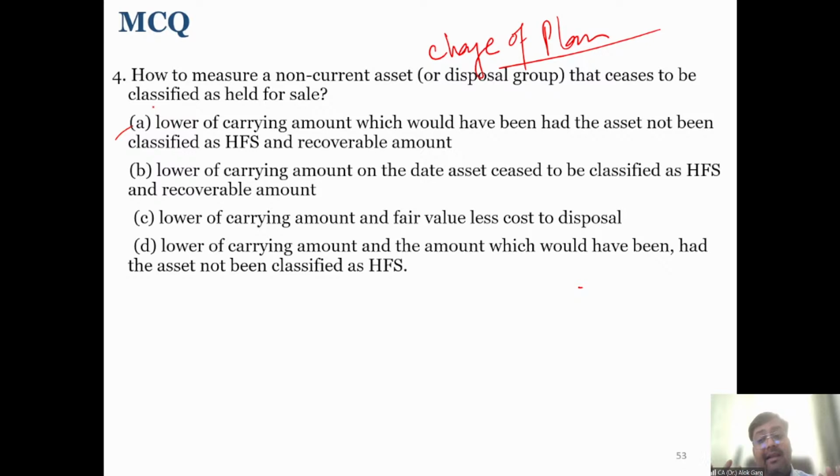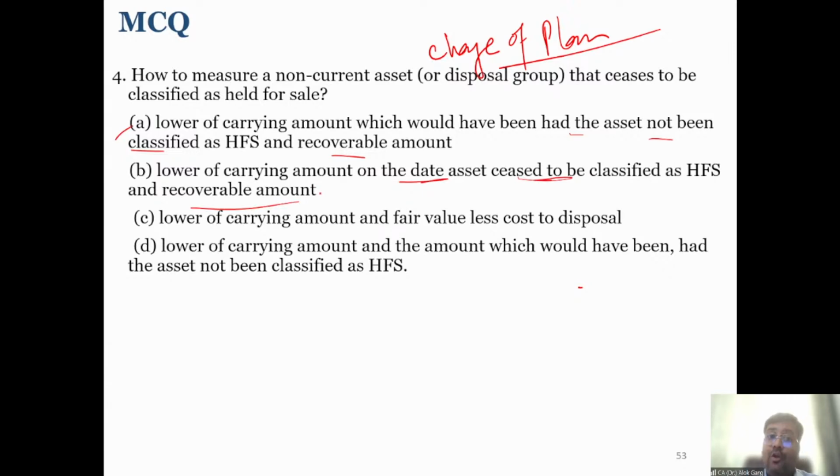Carrying value had the asset never been classified as held for sale. So carrying value on the date of change of plan and recoverable value on the date of change of plan. So lower of carrying amount which would have been had the asset never been classified as HFS and recoverable amount.